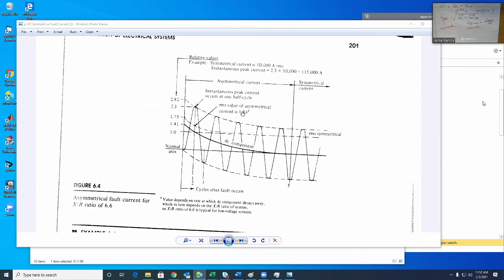Okay, now there is another note here, RMS value for an asymmetrical current of 1.33. So here is another, there are two asymmetrical currents. The highest and another one that starts at the square root of 3.